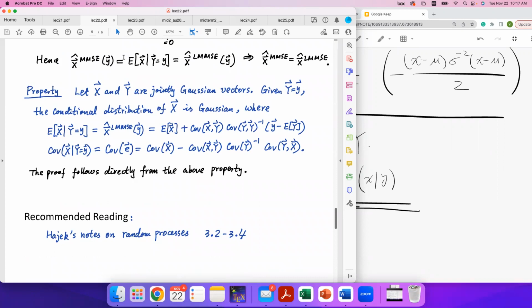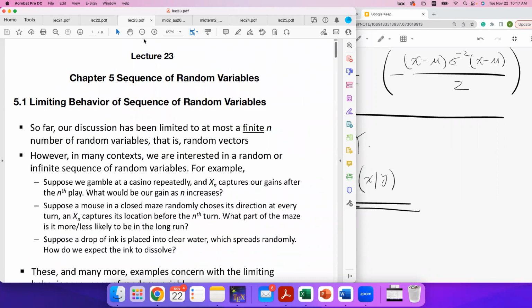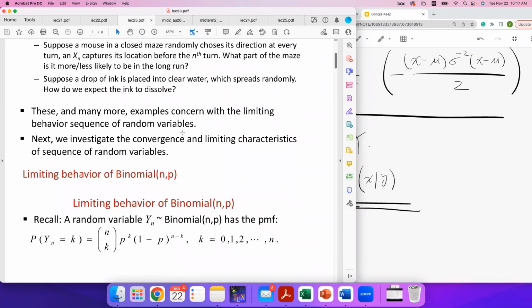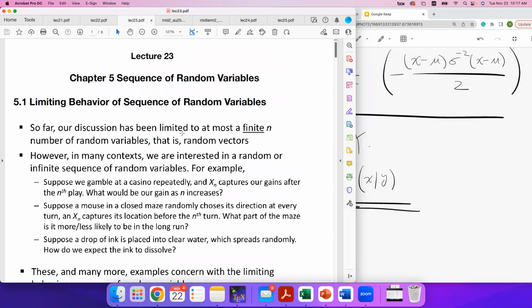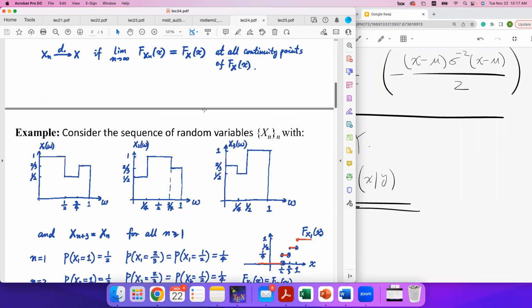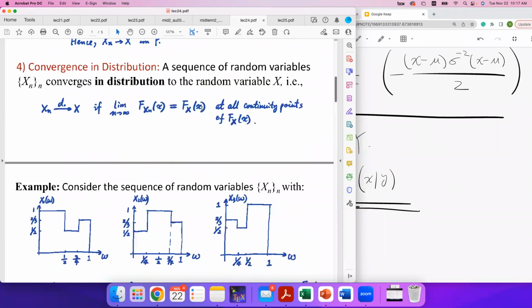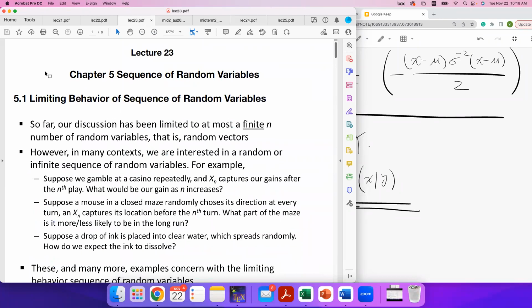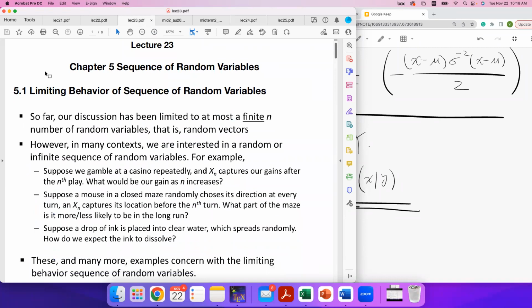Okay, for the last 30 minutes, we have 4 lectures left. Starting from lecture 23 to lecture 24, we are going to talk about a very important property: the limiting behavior of random variables, or the convergence of random variables.